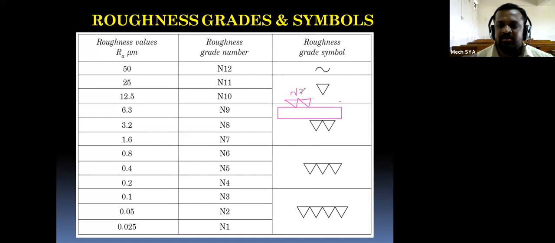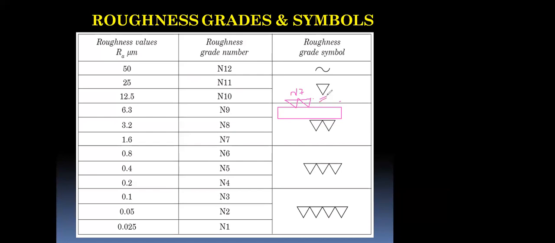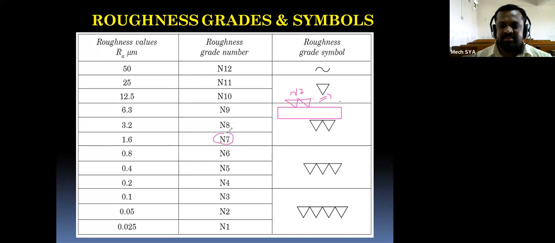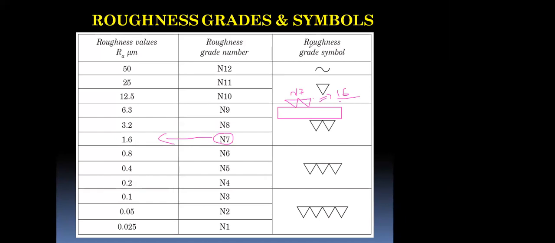Then please tell me, what is the surface roughness value for this surface? What is the roughness value for this surface? Yes. 1.6. Yes, you have to select where N7 is. So there is N7. For that N7, we have 1.6. Okay, like this. Understood? Yes, sir.